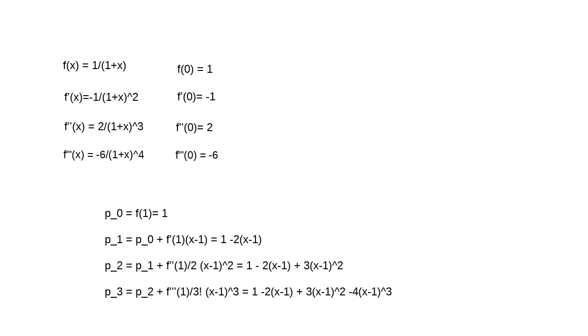So P3 equals P2 plus f triple prime of 0 divided by 3 factorial, then just x cubed. We'll have 1 minus x plus x squared.